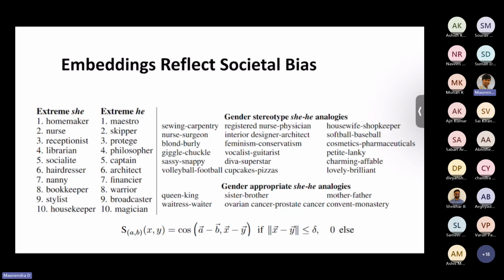Right? So that was the observation, and that was the explanation that people gave, that if we are disturbed by seeing these kinds of results, this kind of stereotyping, either the data is not proper, or there is something which is coming from the data, or the algorithm is not right, due to which this is coming.